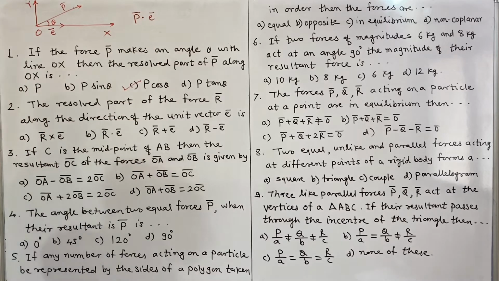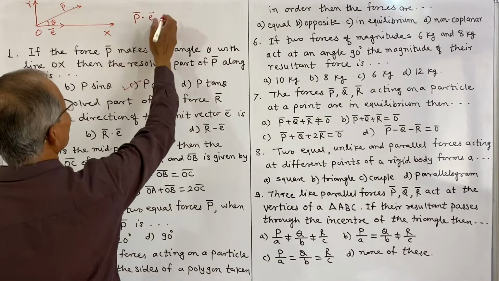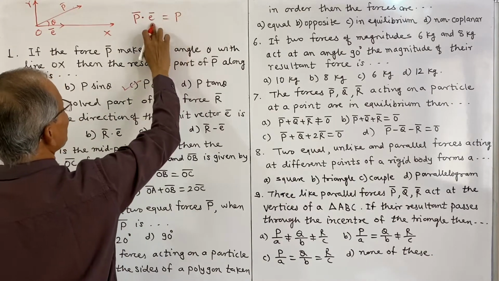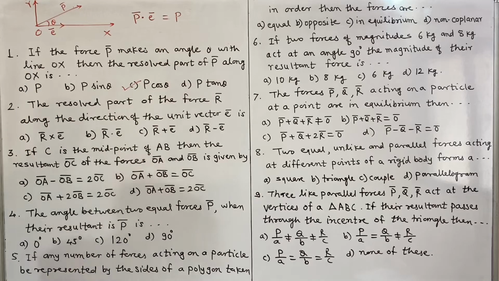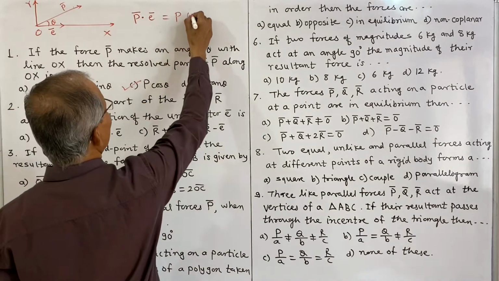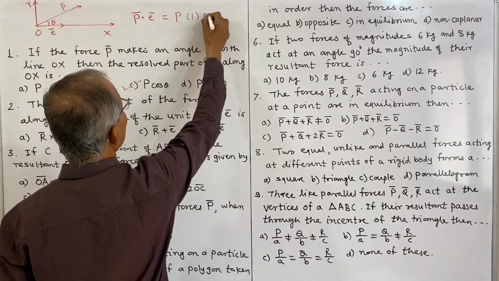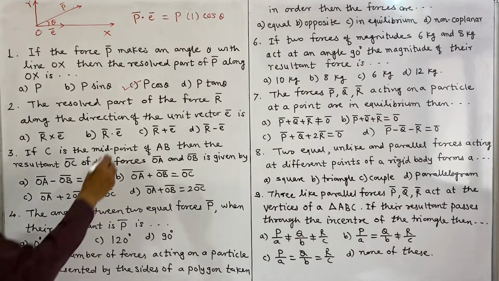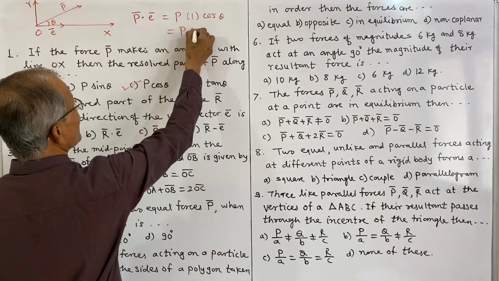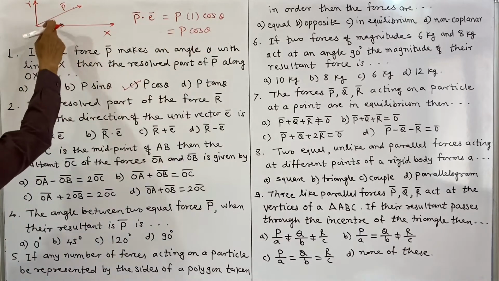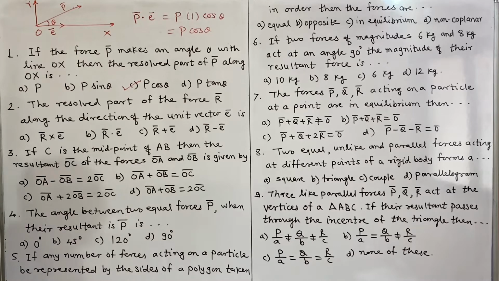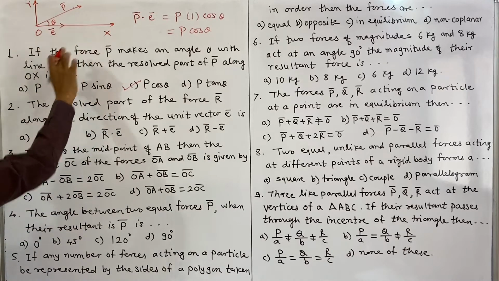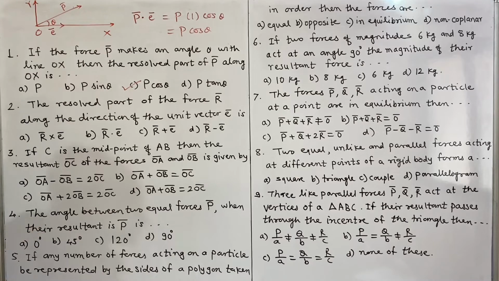Why? Because by definition of the dot product, this is the magnitude of P, which we denote by P, times the magnitude of E bar. E bar is a unit vector and therefore it is 1, into the cosine of the angle between P and E bar, that is theta. This is the same as P cos theta, so it is the dot product of the force with the unit vector along which the force is to be resolved.